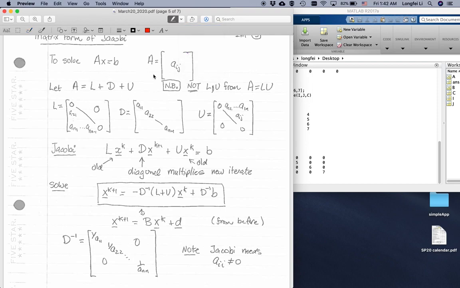So if it's not the LU factorization, what are this L and U?